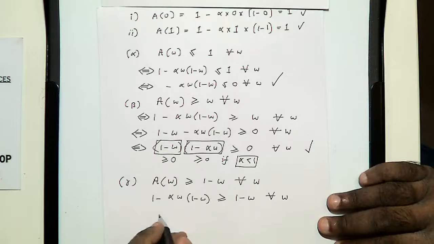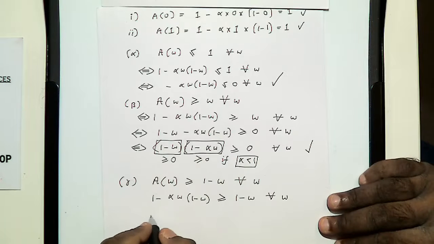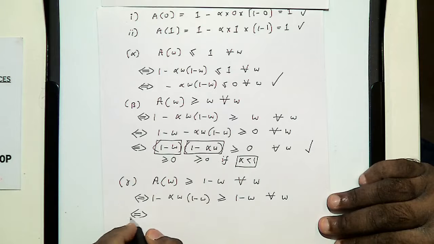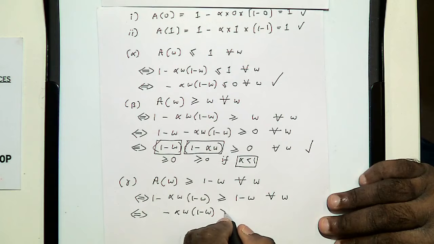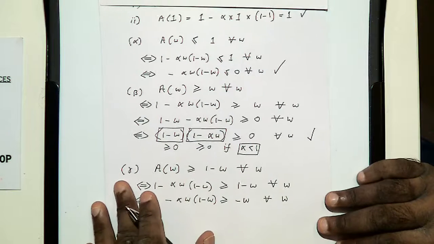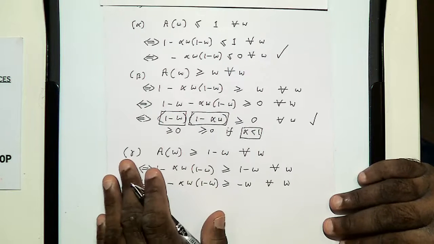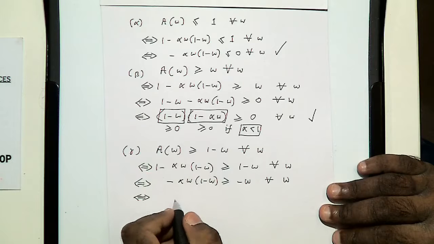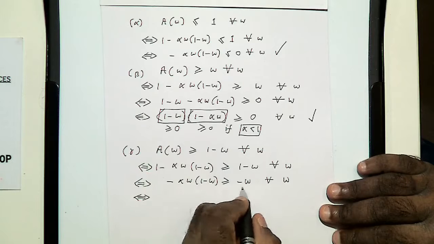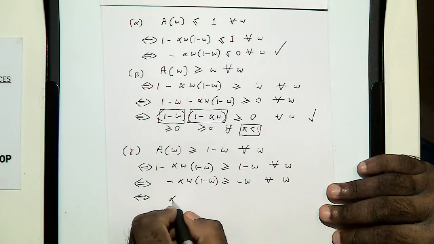Okay, so the 1 and the 1 cancel, so this becomes minus... and now if you cancel out the omega, because there is a negative sign, you need to change the sign.